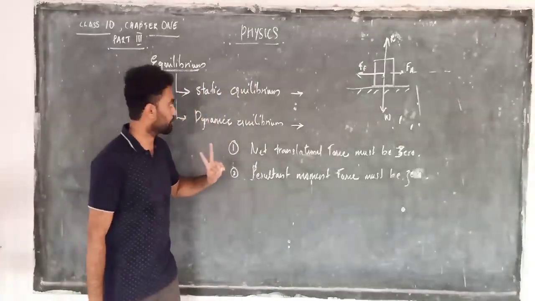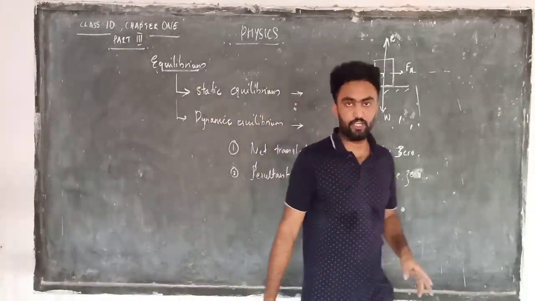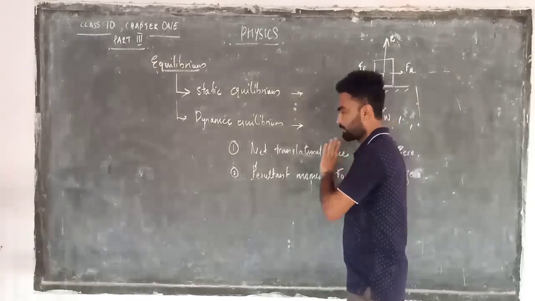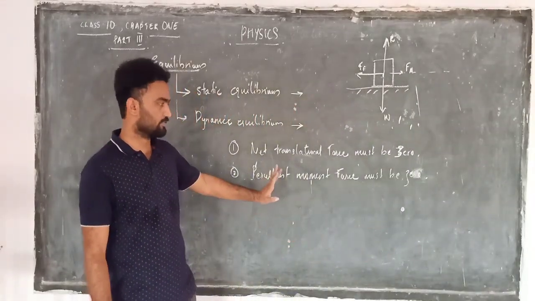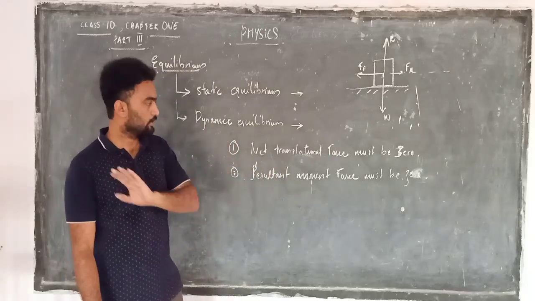So these are the two conditions for obtaining the equilibrium state. The first is that all the translational forces acting on the body must be zero, and the second is that the resultant of the moments of forces acting on that rigid body must be zero.